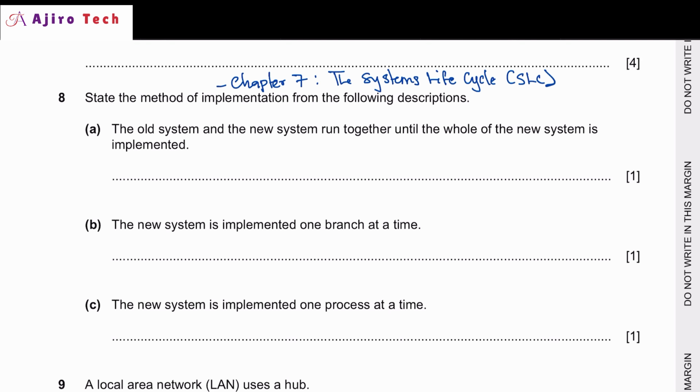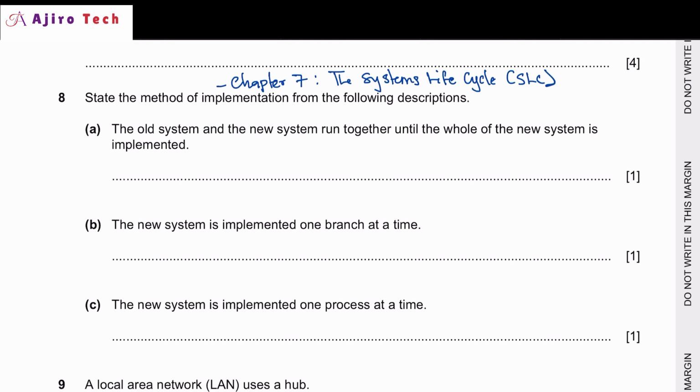But take note, it's more expensive than direct because you have to evaluate each phase and it's time consuming because every part needs to be fully tested. But it is also possible to ensure that everything is working properly before expanding, which is good. But it is time consuming and it's expensive. So take note of that.